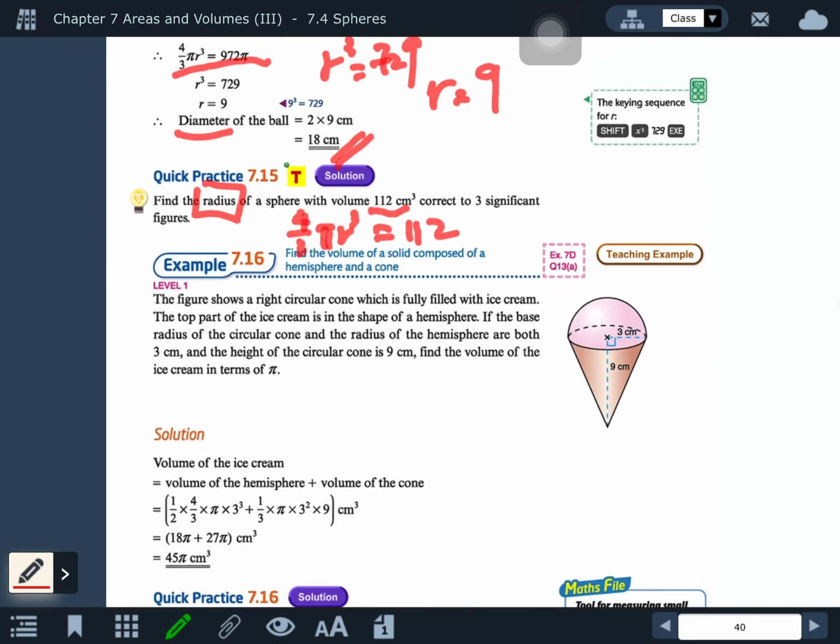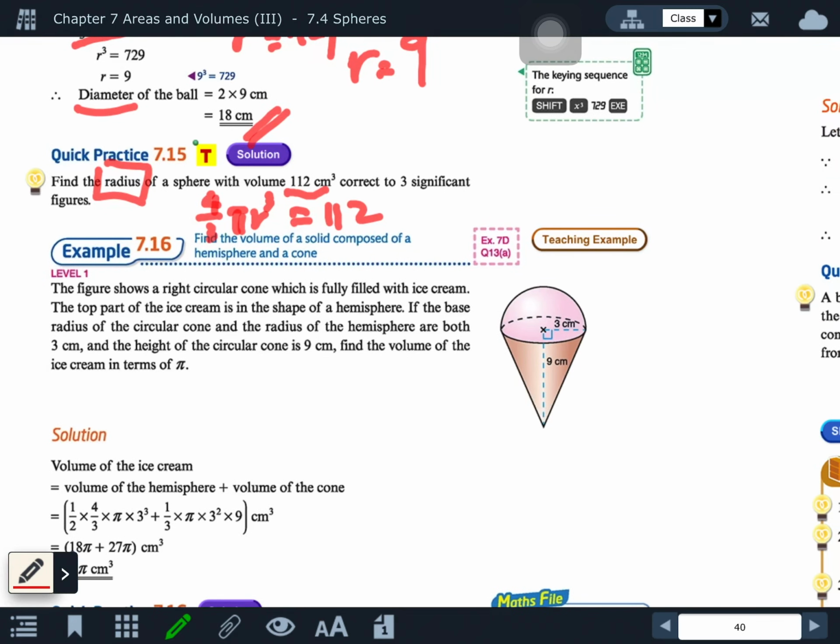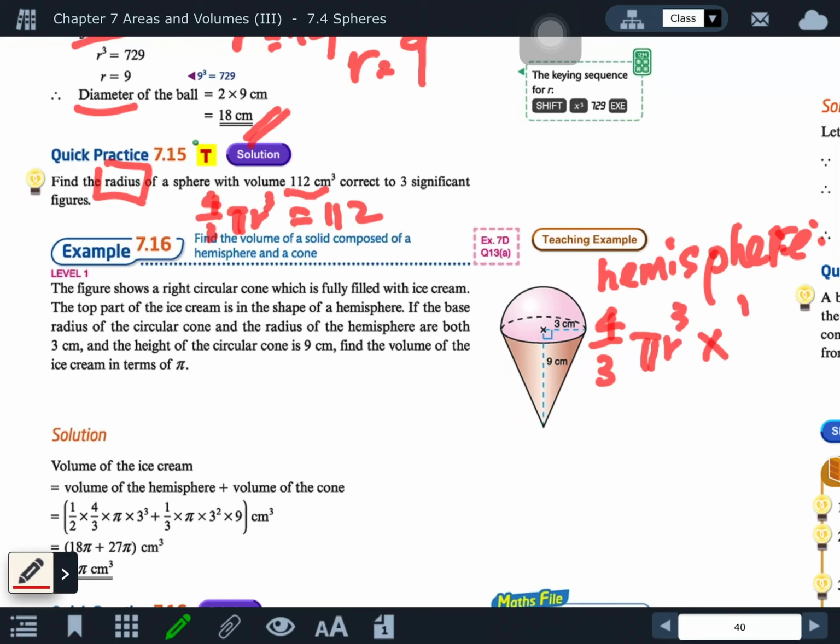Okay, so some of you may think, oh, it's okay, we just memorize the formula. But how about the hemisphere? Because we just learned the formula for the sphere. The hemisphere is just a half. So we know this is 4/3 pi r cubed for the sphere, and then we multiply it by 1/2, we make it a half.